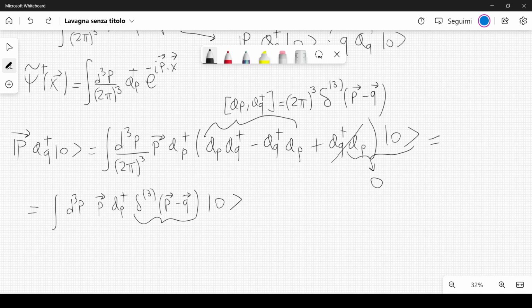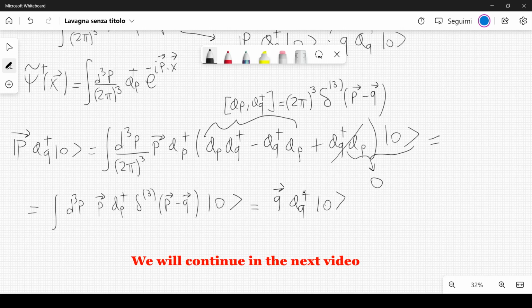We have this three-dimensional Dirac delta, so it's easy to integrate, because when we integrate this delta over d³p, we will get 1. And instead of p, here we will have to write q, because we can evaluate this at p equal to q, because of the presence of the delta. And a_p dagger will be a_q dagger. So basically what we find is q a_q dagger |0⟩. This is what we wanted to find. So indeed, this operator P is momentum.